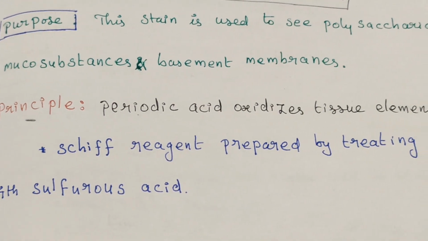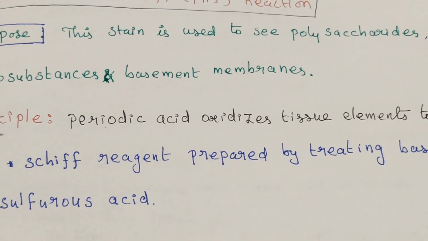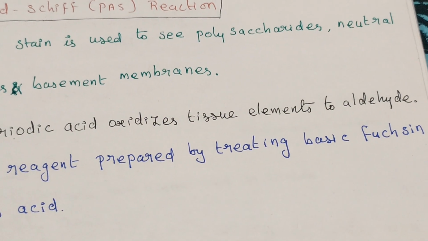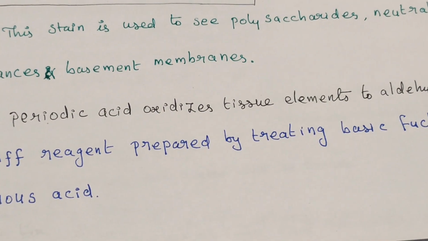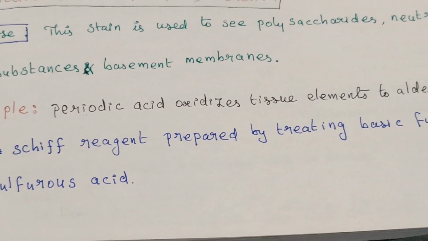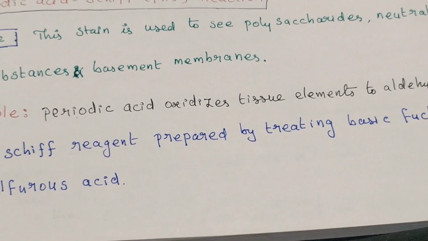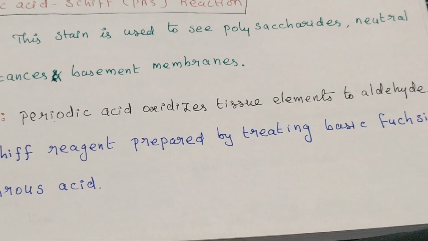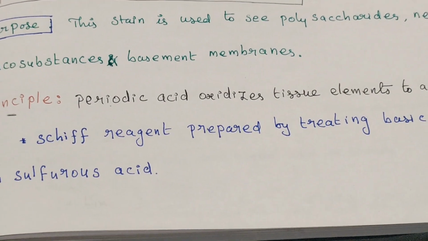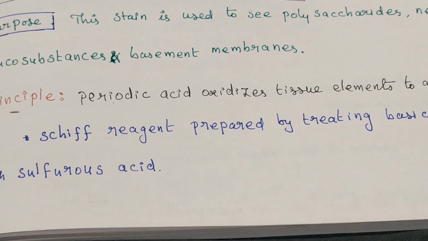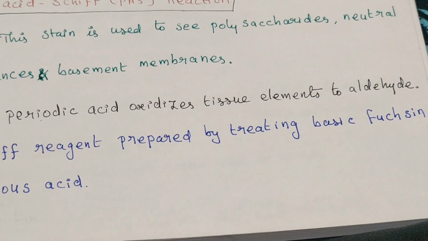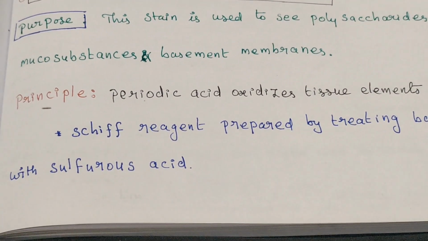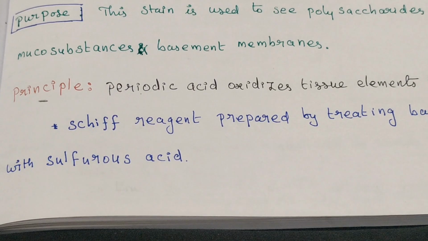What are the principles? The periodic acid oxidizes tissue elements to aldehyde. In principle, oxidation of elements to aldehyde. The Schiff reagent is prepared by treating basic fuchsin with sulfurous acid.